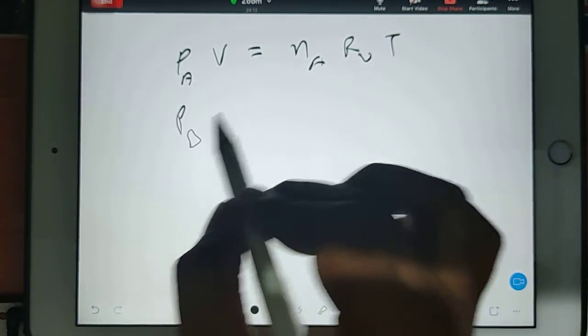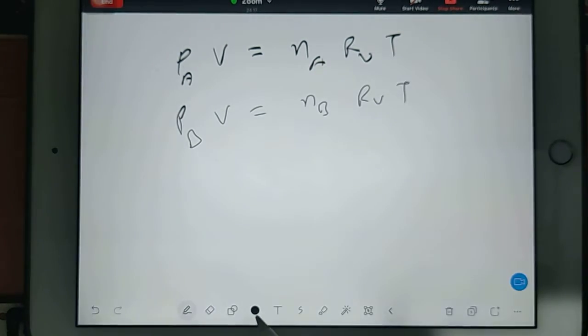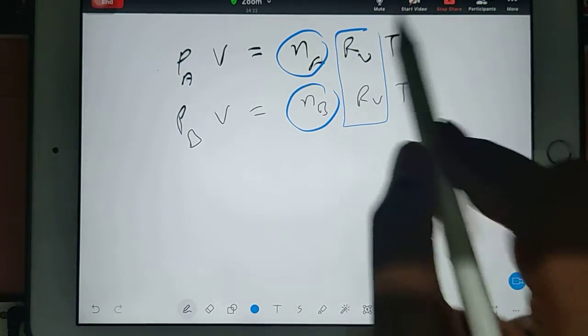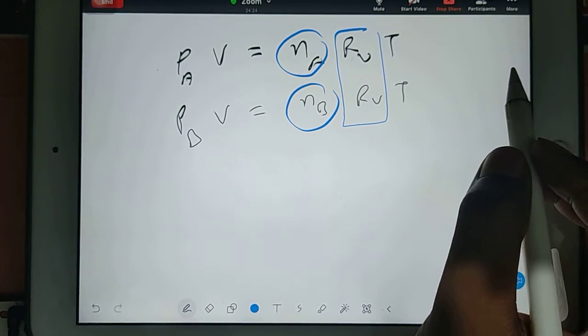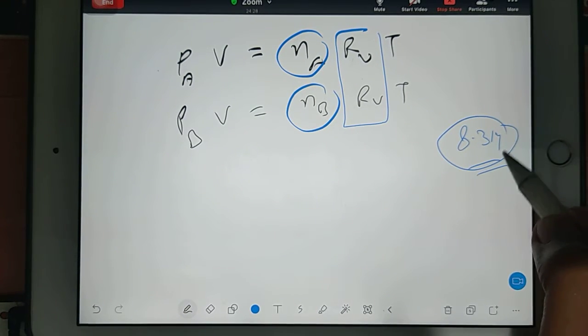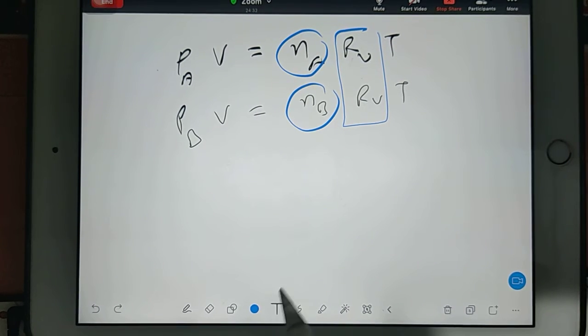To find the partial pressure of B, again the same thing: nB, R universal and temperature. Again I'm saying, keep in mind, when you are using the number of moles, you use the universal gas constant, 8.314. You should not forget the value. Kilojoule per kilomole.